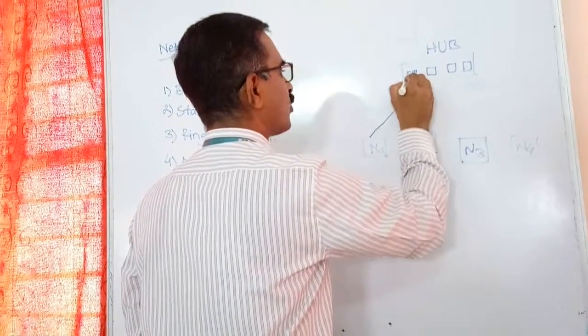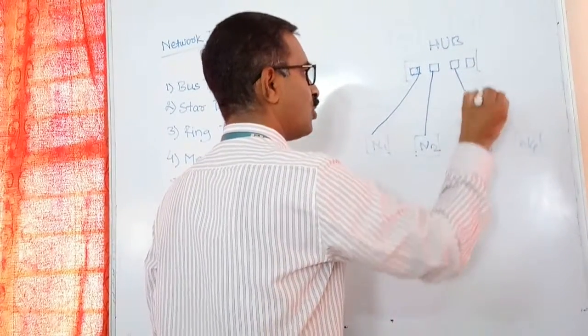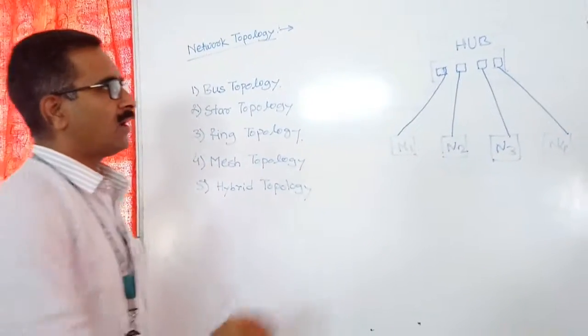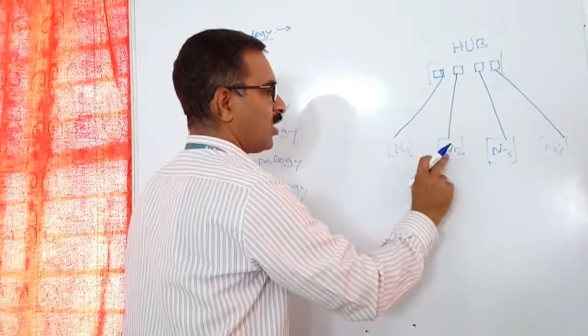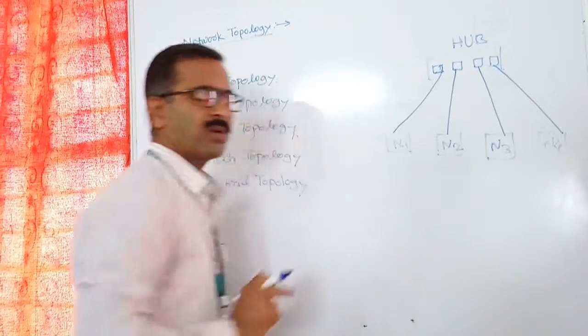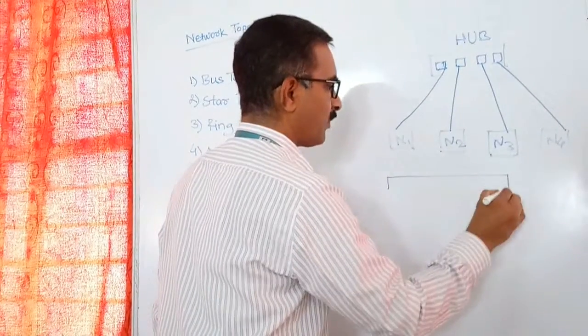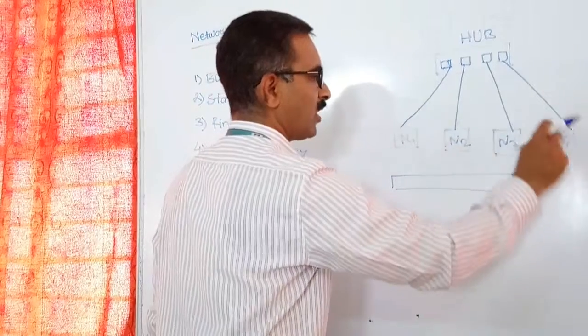Say this is connected to port 1, this to port 2, this to port 3, and this to port 4. Here the controlling is done by this hub. Suppose N2 wants to communicate with N4. Then N2 gives the information to the hub, the central controller, that it wants to communicate with N4.